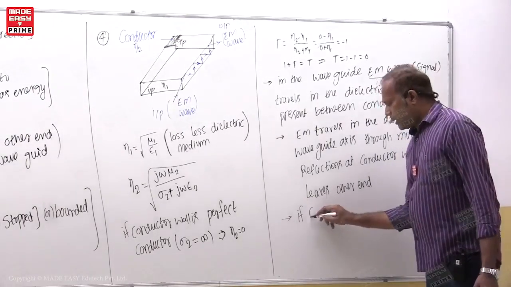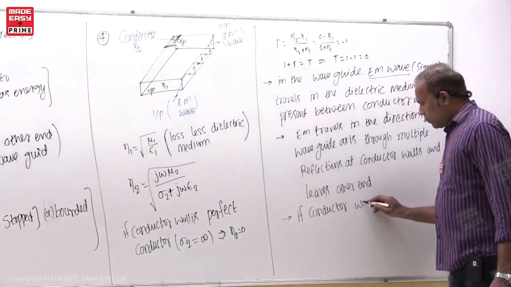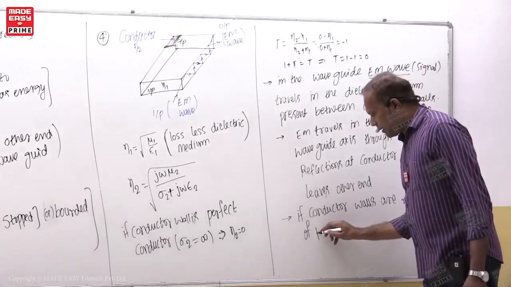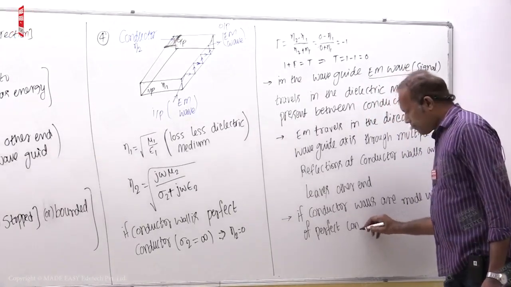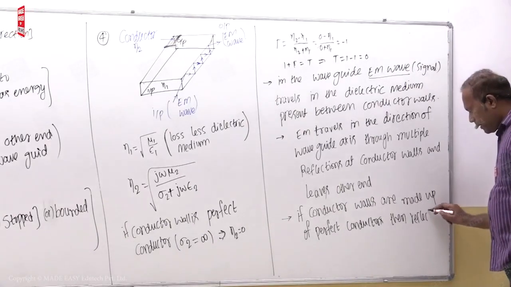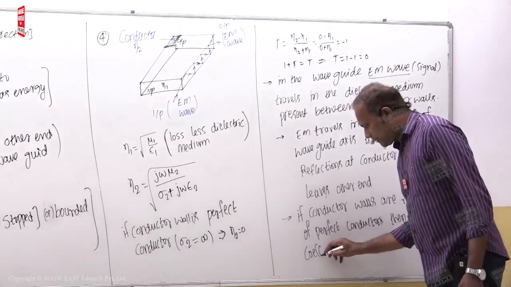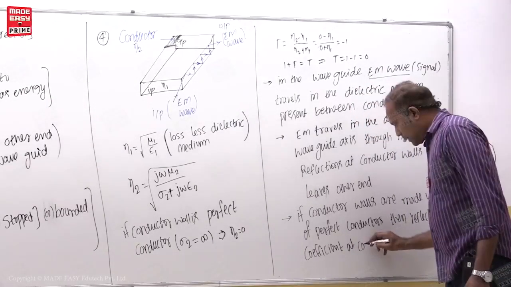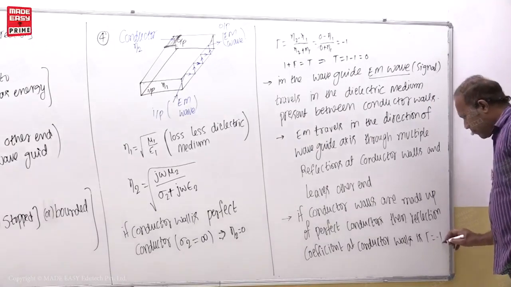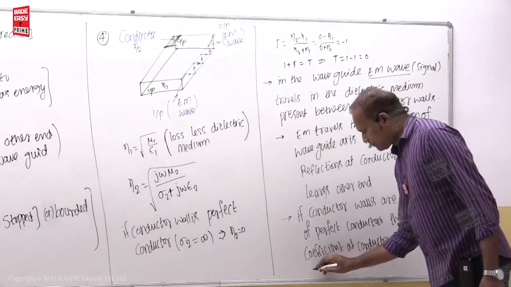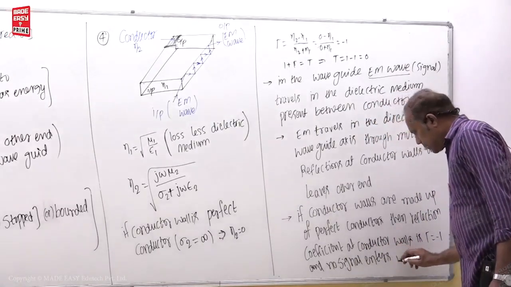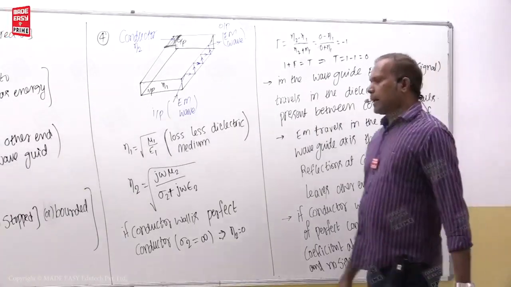If the conductor walls are made up of perfect conductor, then the reflection coefficient at the conductor walls is -1, and no signal, that means EM wave, enters into the conductor walls.